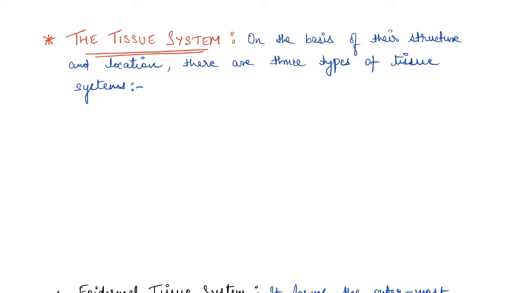Now, on the basis of that, basically, there are three types of tissue system. First being the epidermal tissue system. Second is the ground tissue system.